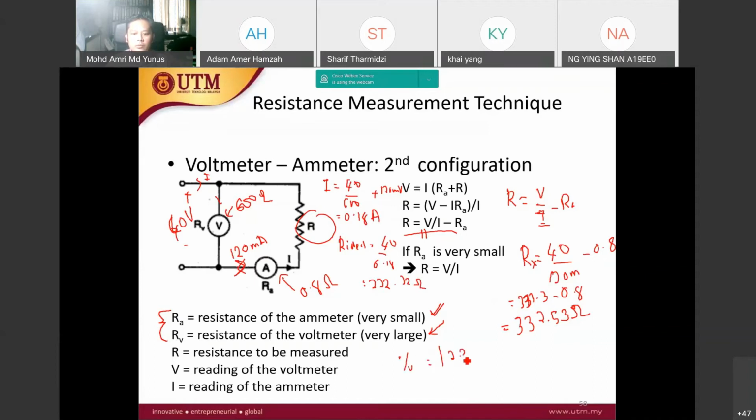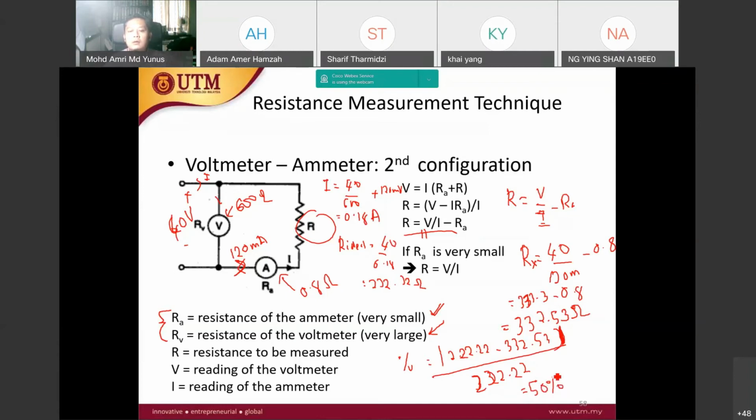222.22 minus 332.53, absolute, divided by 222.22. So the error is around 50%.